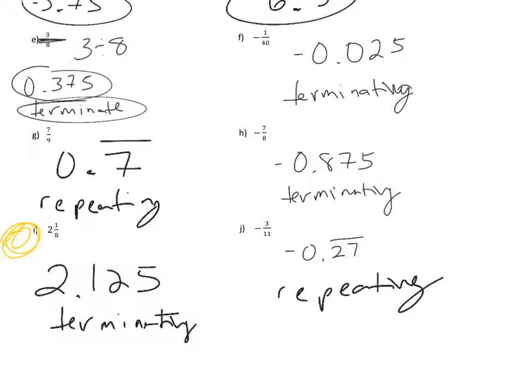The calculator rounded it because it ran out of screen. You need to know that it's 272727. That's a pattern. So it's negative 0.27 with the line over both the 2 and the 7 because both are repeating. And again, we need the word repeating because it goes on forever.